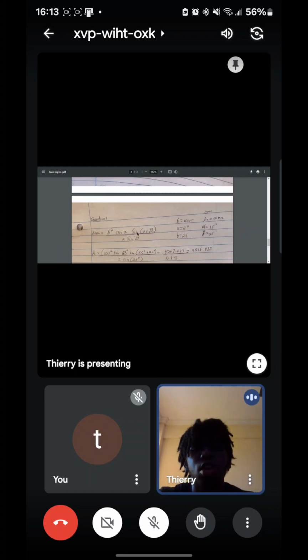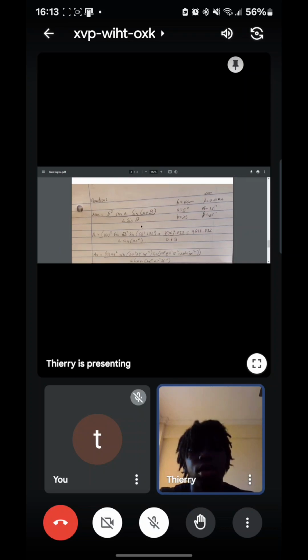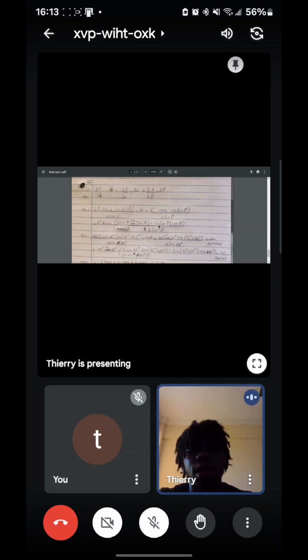Sine differentiates to cos, and the derivative of beta is 1. So you get cos alpha plus beta, minus u. So we put back the equation of u, which will be sine alpha plus beta, and differentiate the bottom, v, which will give us cos beta.